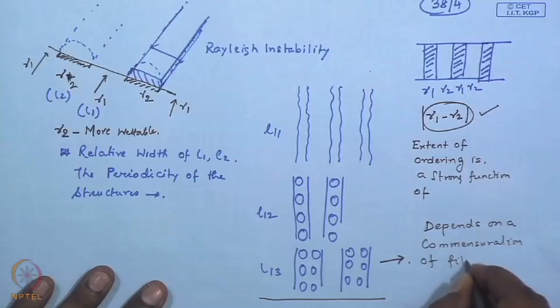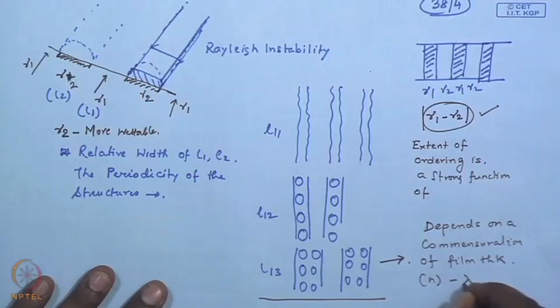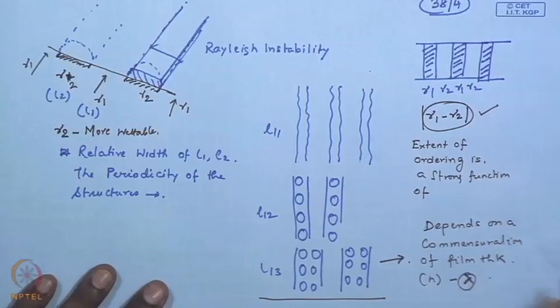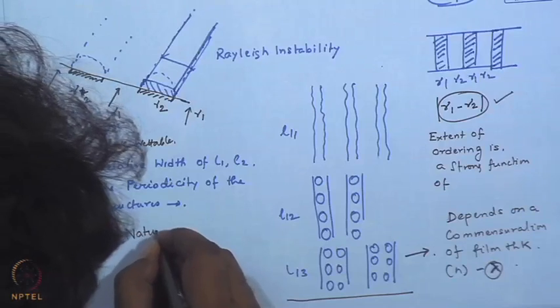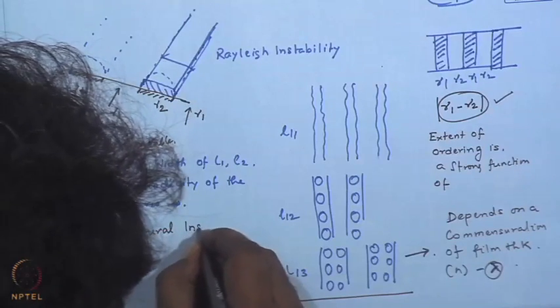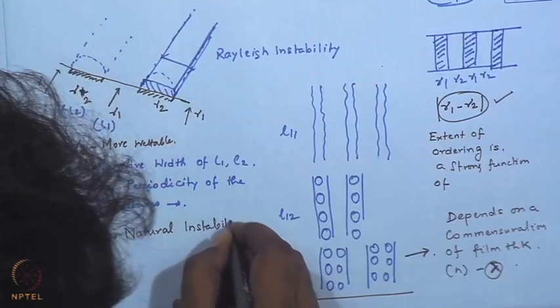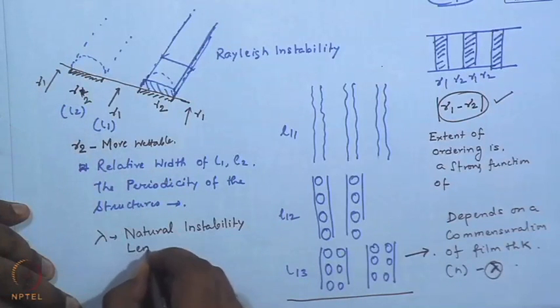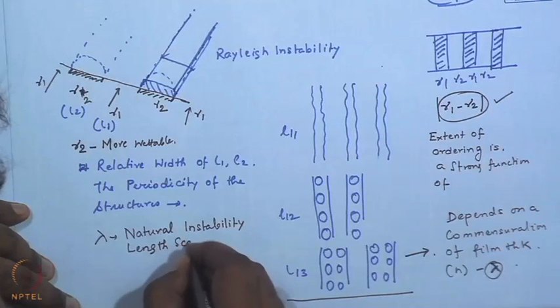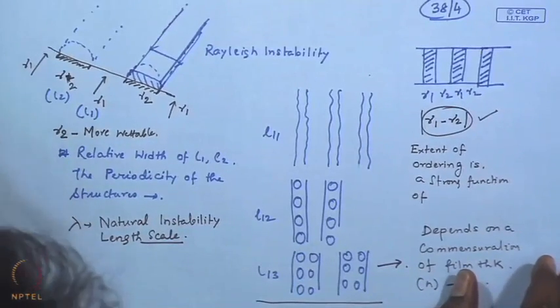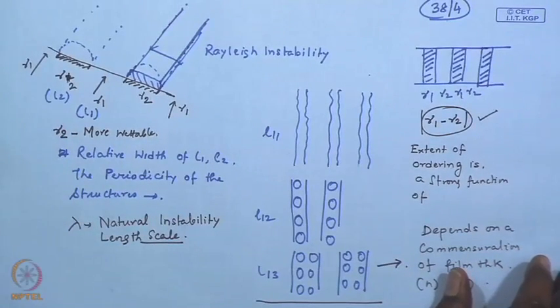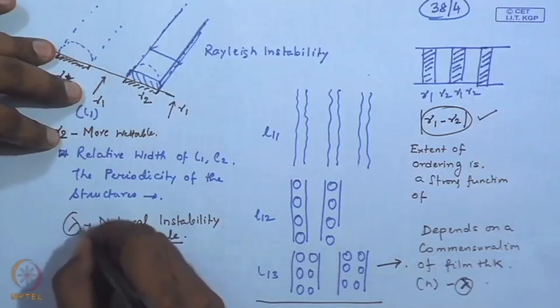So, film thickness brings in the natural length scale of instability. So, lambda is the natural instability length scale, which corresponds to, let me remind you, if you do the analysis for a particular thickness on a flat surface, do the linear stability analysis, what you get from the fastest growing mode. So, that gives you lambda.